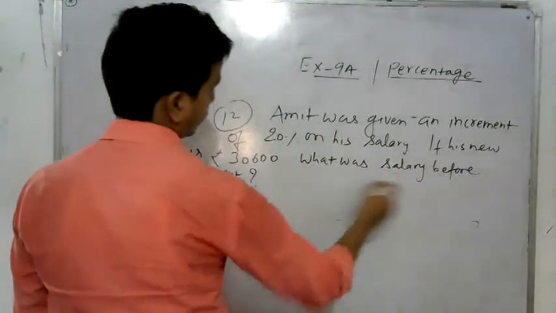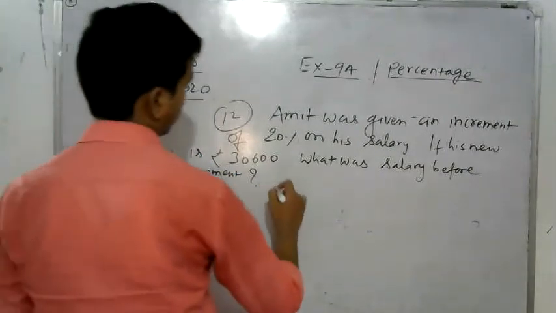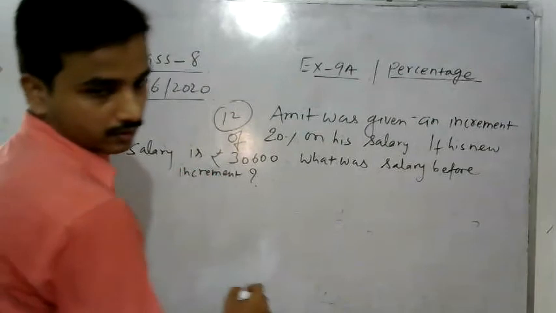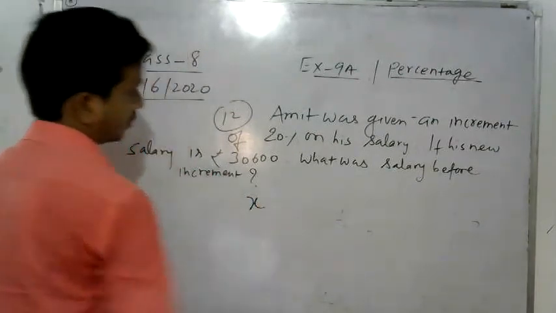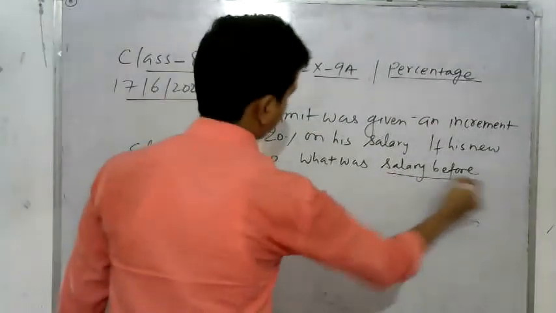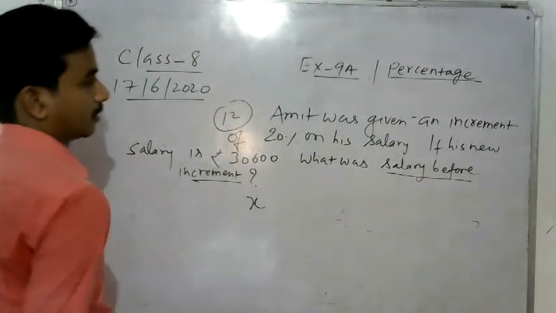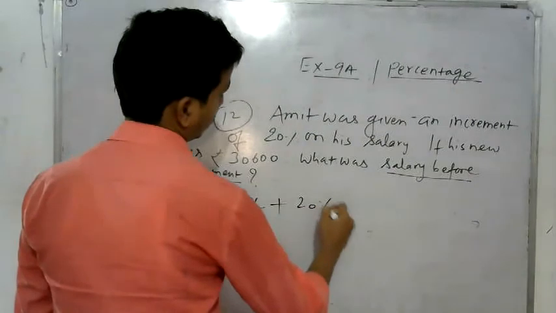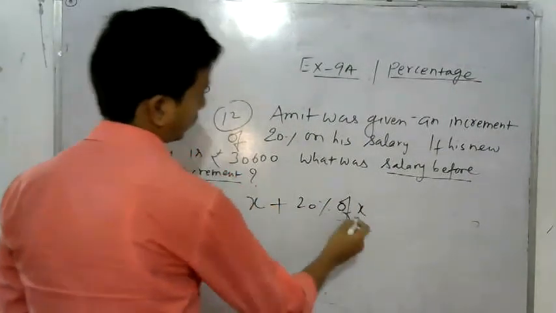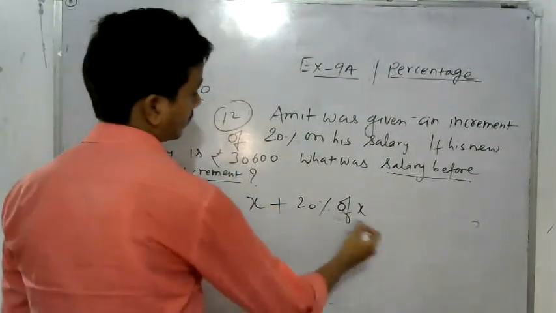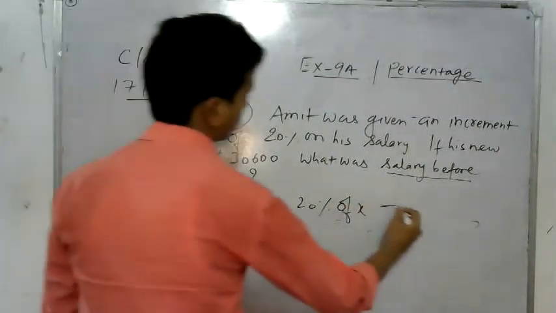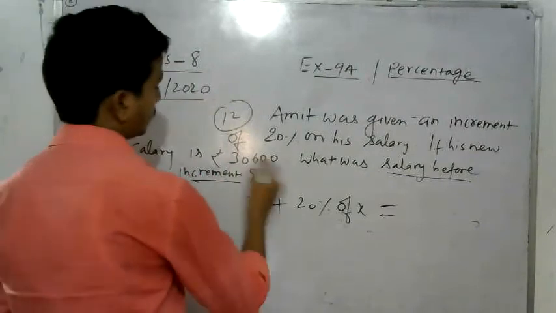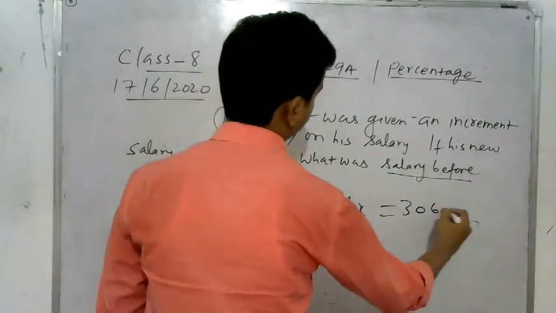So here you have to assume, let the salary before increment be X. Now how much is increased? 20%. So X plus 20% of X. This 20% is increased, and this is the total new salary. New salary will become equal to 30,600.